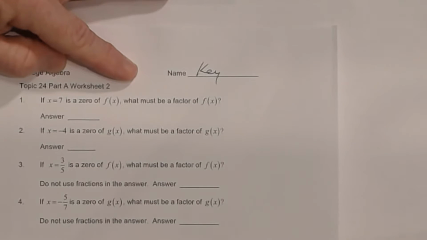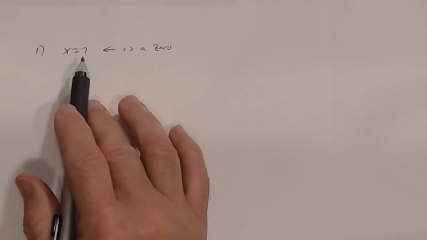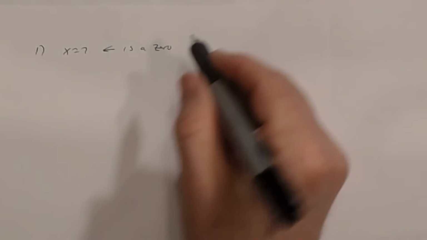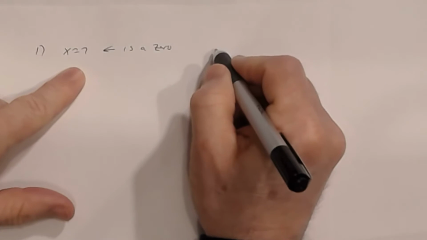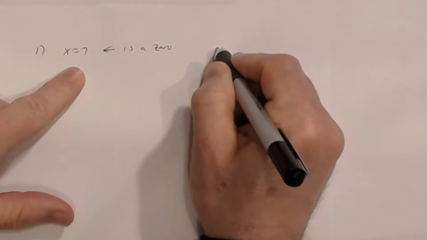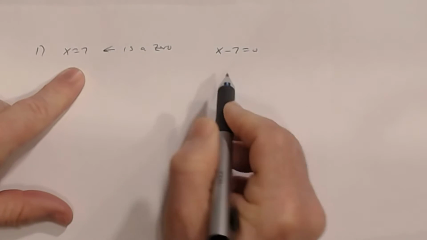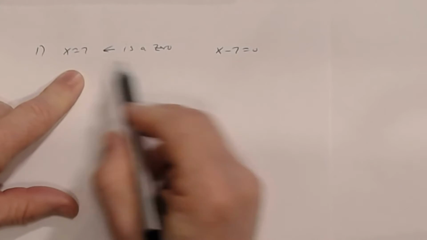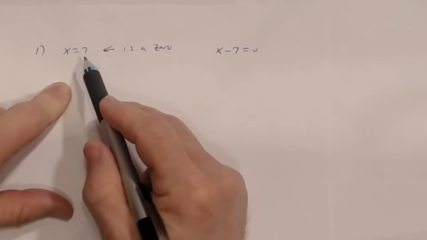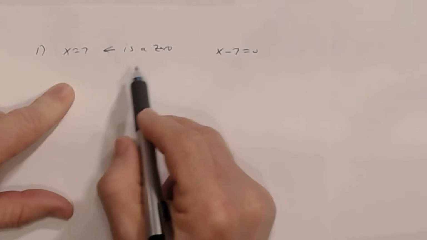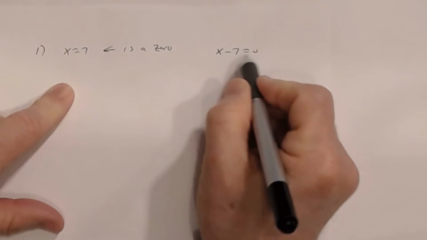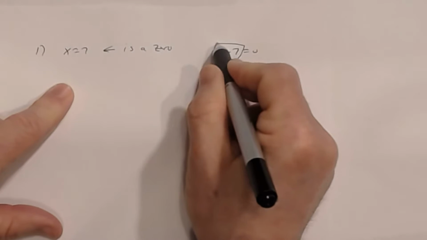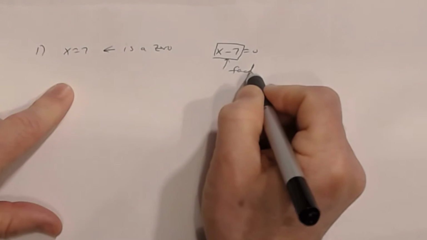Remember, when finding the zero, we got x equals 7 by saying that x minus 7 must equal 0, because if I get x by itself, this is what I get. So think about going backwards in the process of solving an equation. Once you get that 0 on this side, then this right here is your factor.